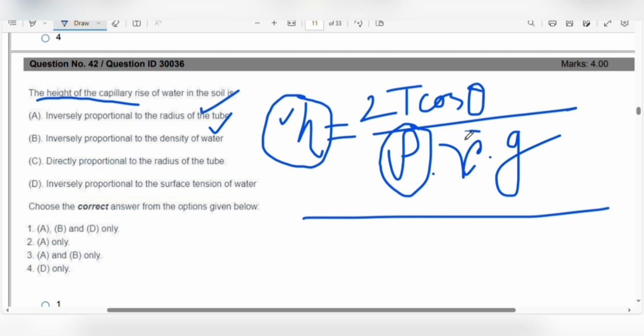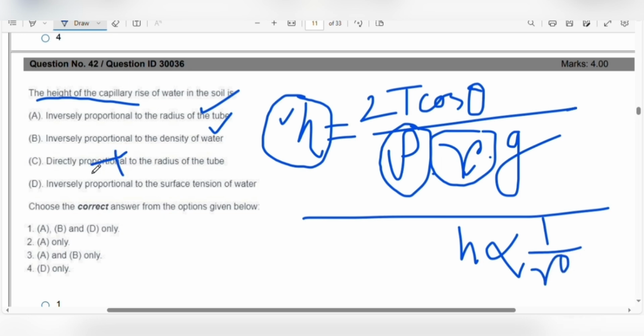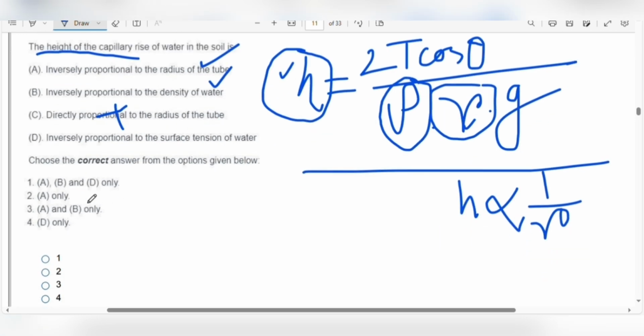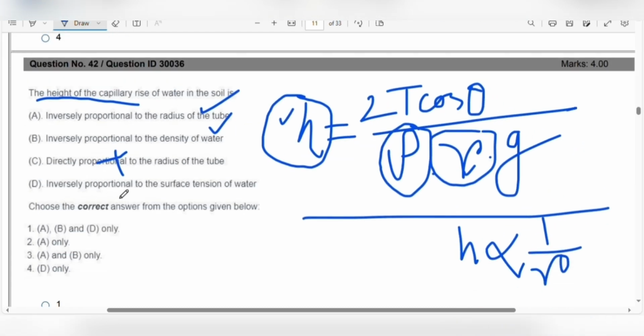No. r is in the denominator and h is here in the numerator. So it is not directly proportional. It is inversely proportional. So C is wrong. Oh, there is no C in the option. Nice. And option D says inversely proportional to the surface tension of the water. Surface tension, this T is the surface tension of water.